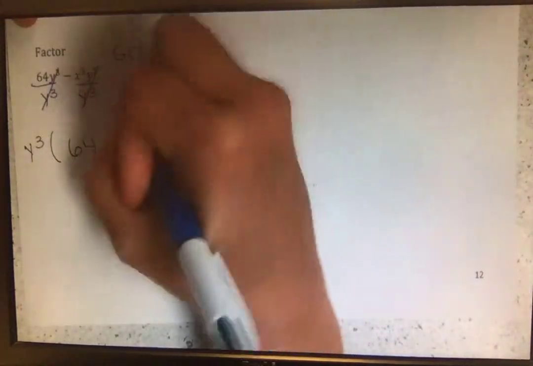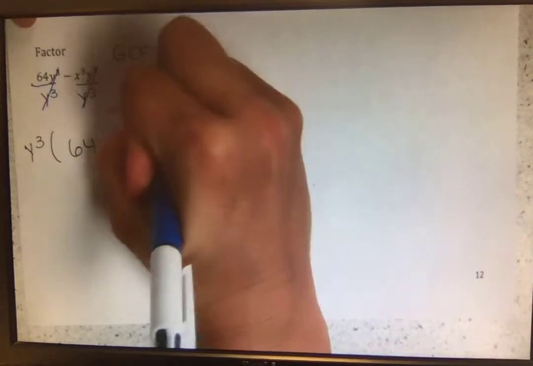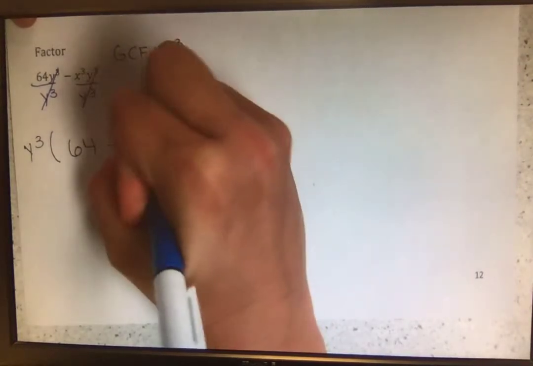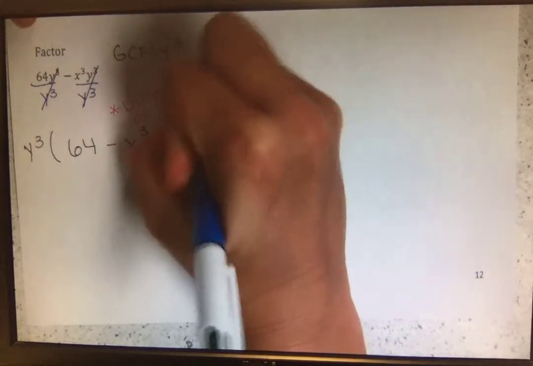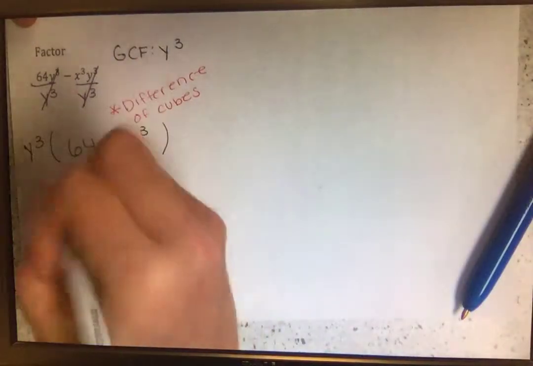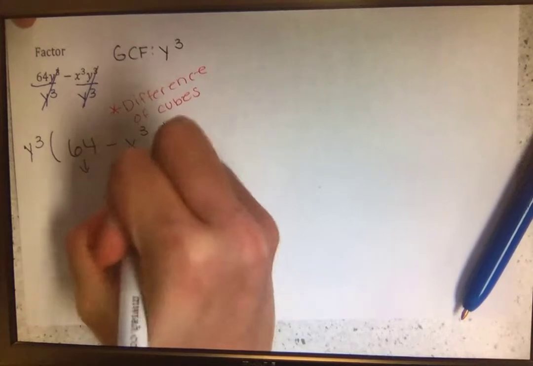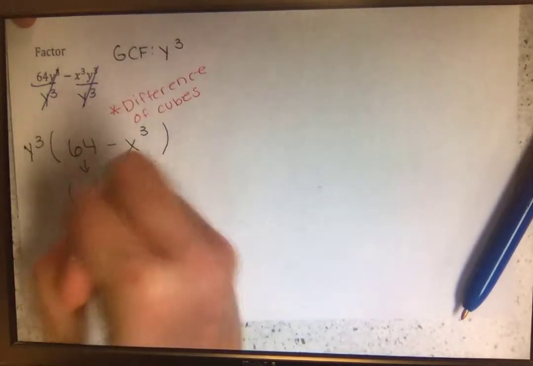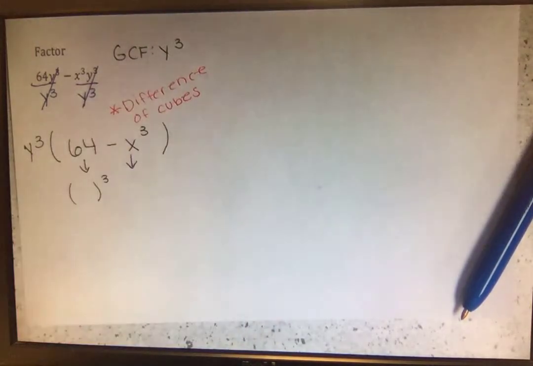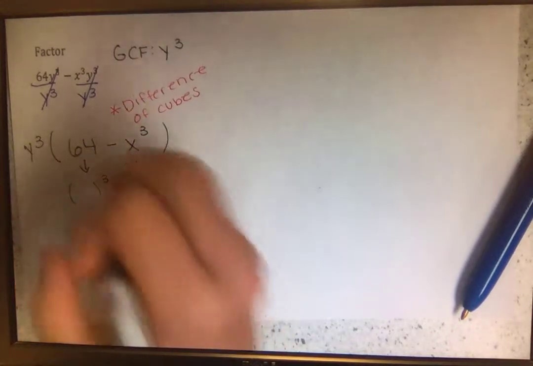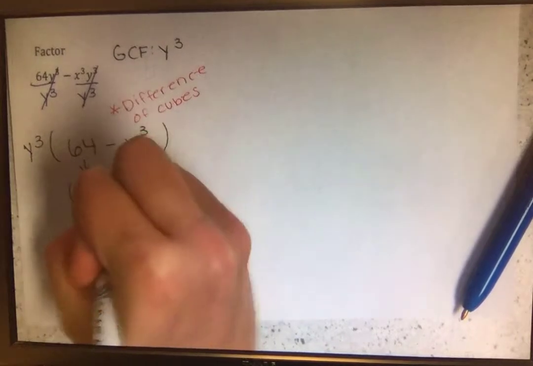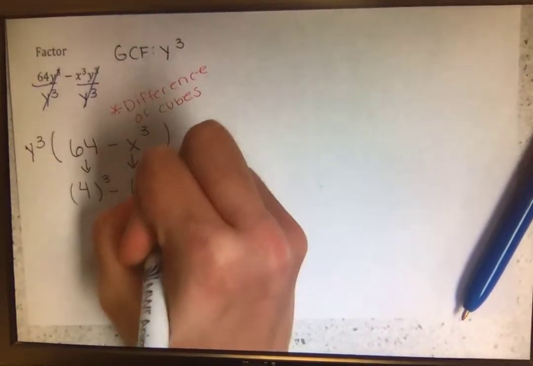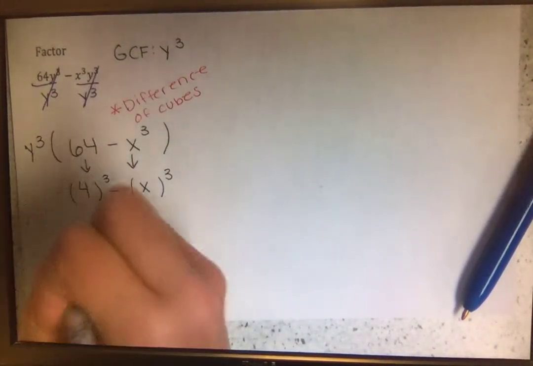So I notice they are subtracting, so it's going to be a difference of two perfect cubes, so difference of cubes. So I can rewrite this, we'll come back with the y cubed in a minute, as 64 is 4 times 4 times 4, so 4 cubed, minus x times x times x is x cubed.